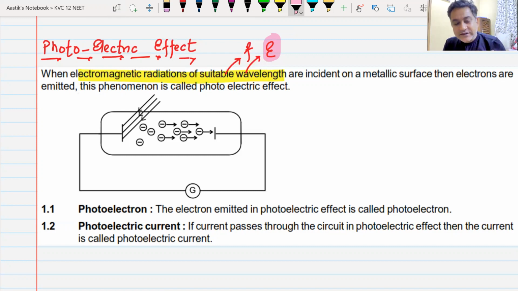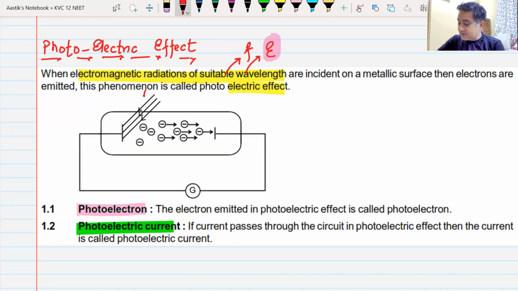So when electromagnetic radiation of sufficient energy falls on a metal surface, electrons may be emitted. This phenomenon is known as the photoelectric effect. The electrons which are emitted are known as photoelectrons, and the current which is established is known as photoelectric current.